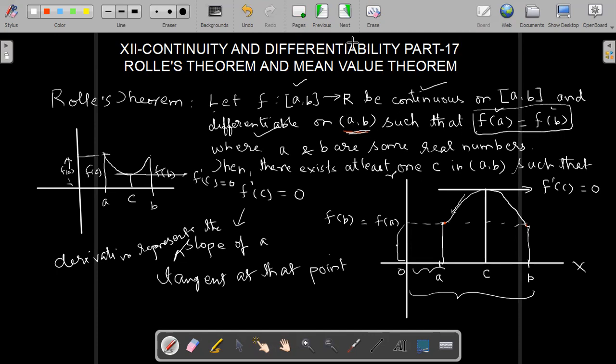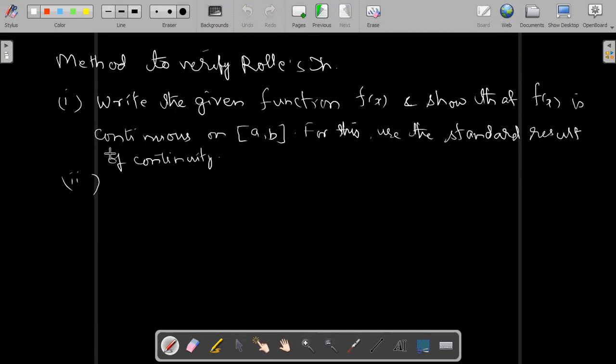So first verify the first condition, then show that f(x) is differentiable on the open interval (a, b).